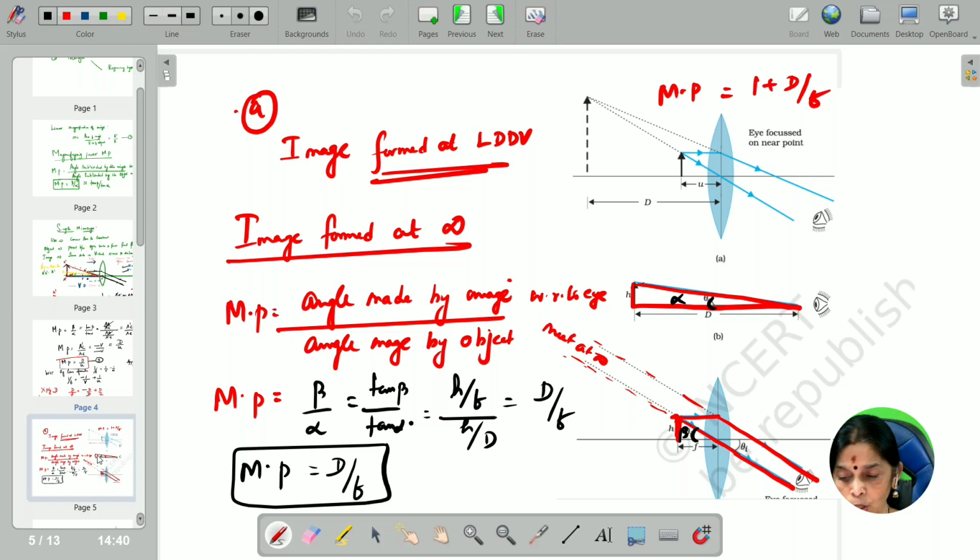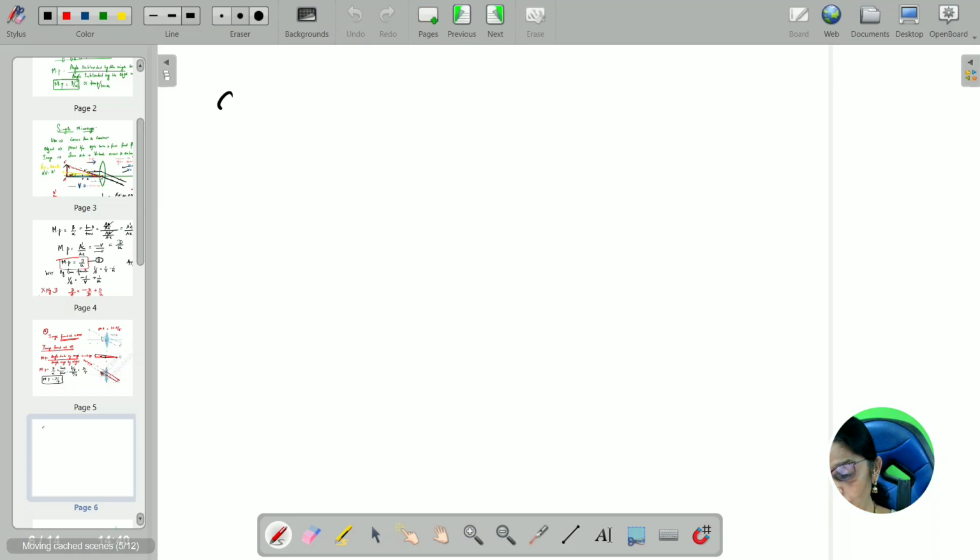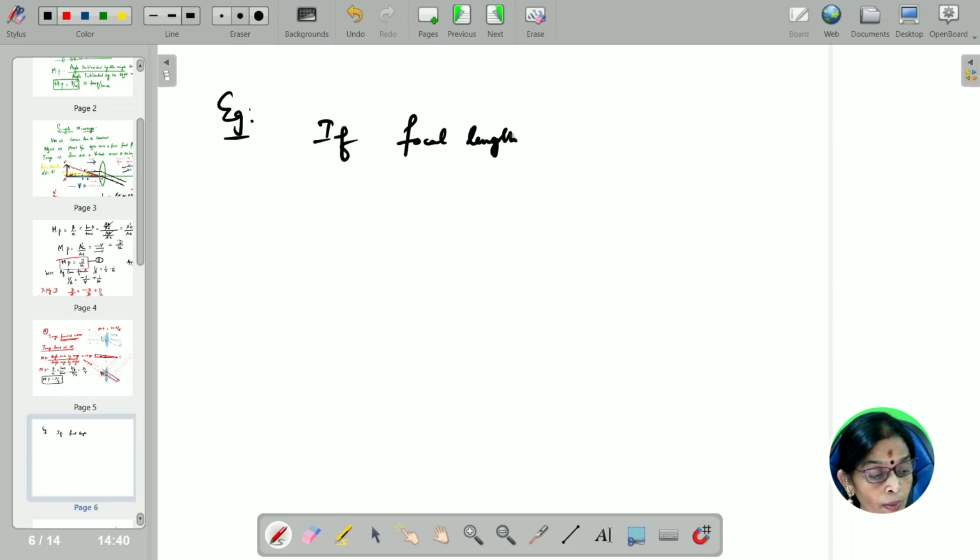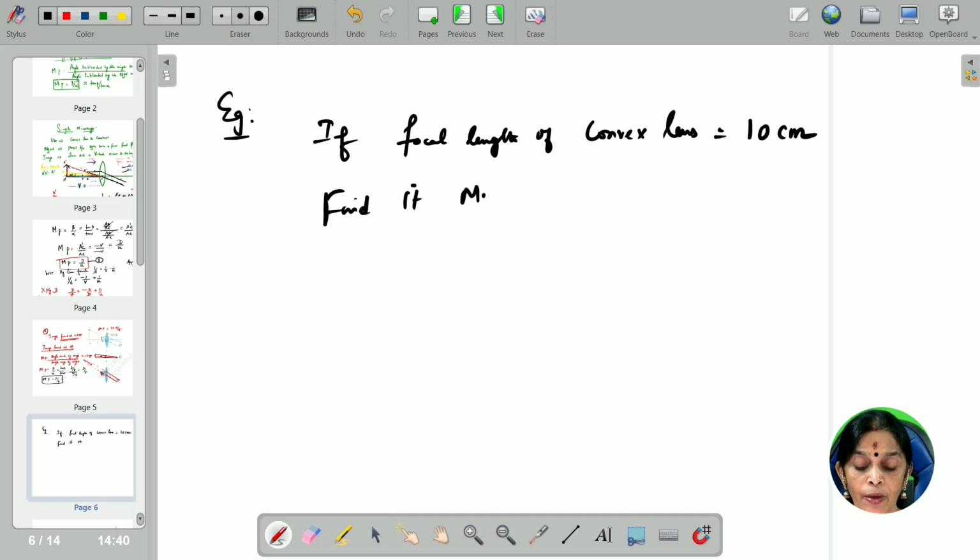If I give you the focal length, for example, the focal length of the convex lens is equal to 10 centimeter. Find its magnification power, both maximum and minimum, are asked.